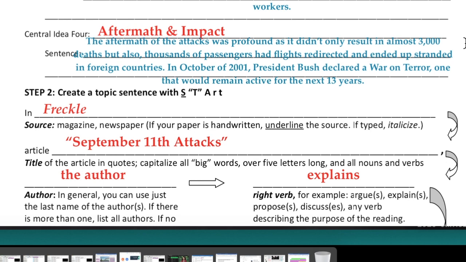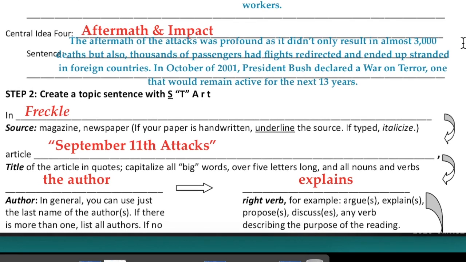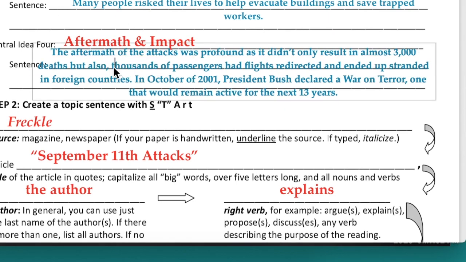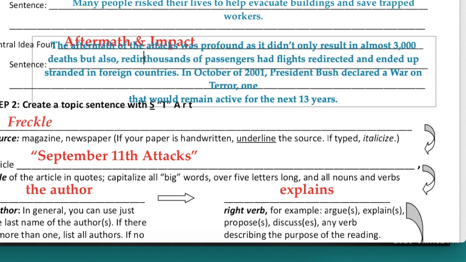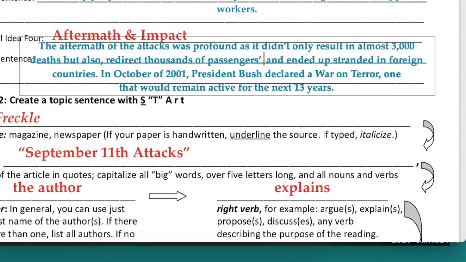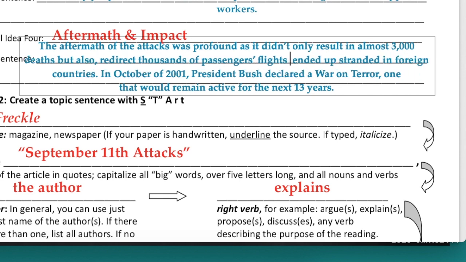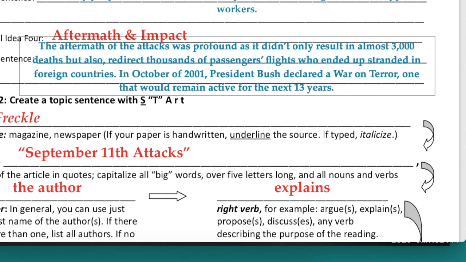Was profound as it didn't only result in almost 3,000 deaths, but also thousands of passengers. Let's reword that. But also redirected thousands of passengers' flights who ended up stranded in foreign countries.